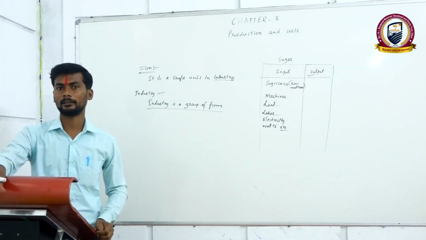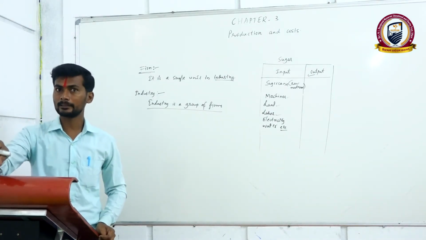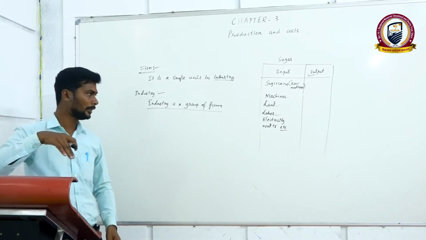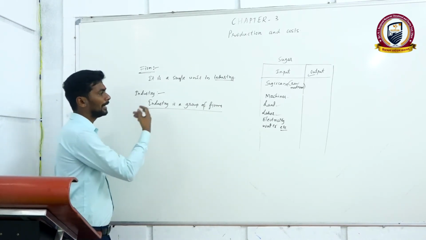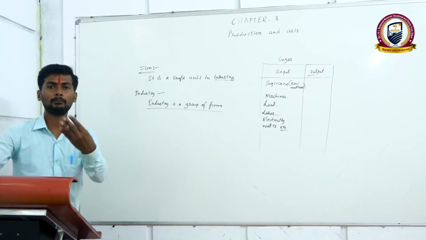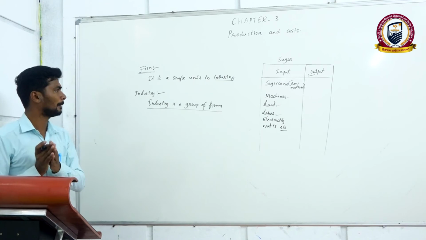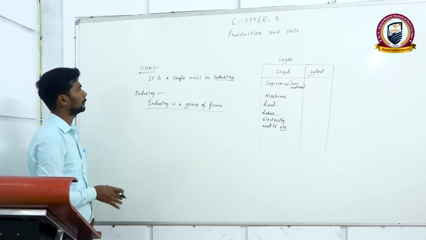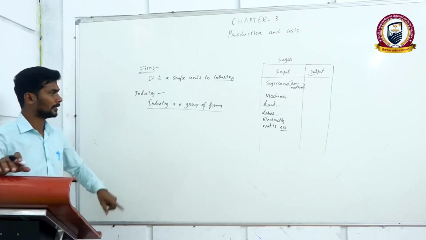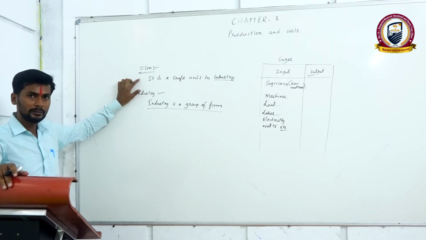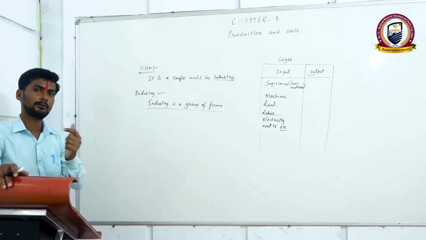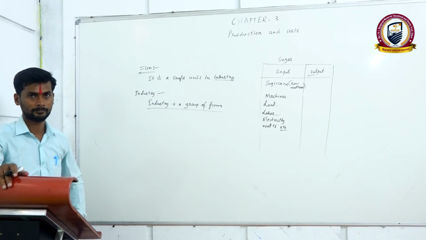That is an industry. Industry includes many firms, plenty of firms. Now you got the point of what I mean to say. So I hope you understood the meaning of firm and industry. And a firm will take the responsibility of producing goods and services.